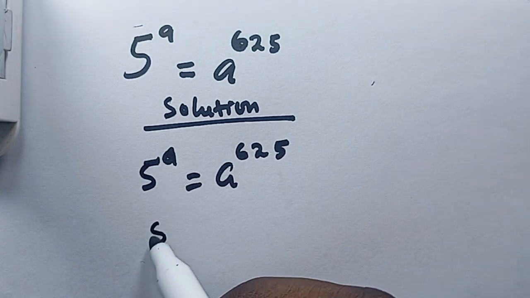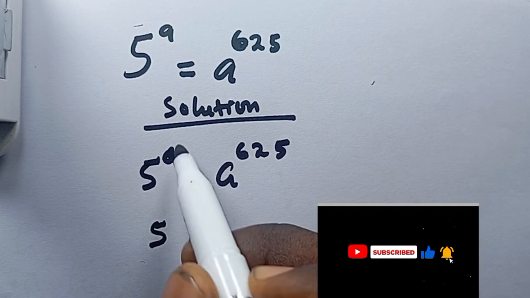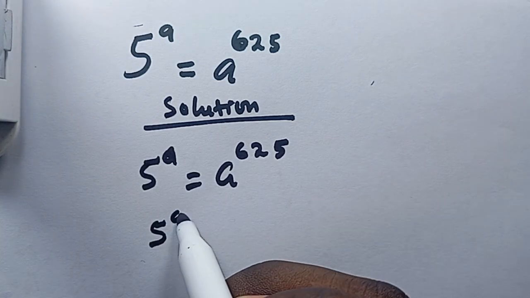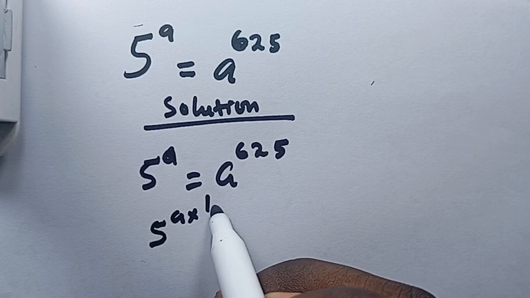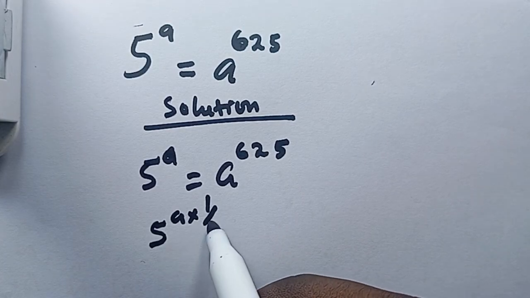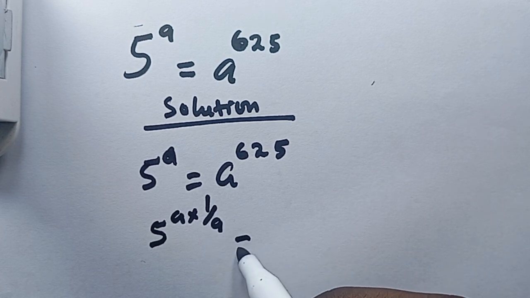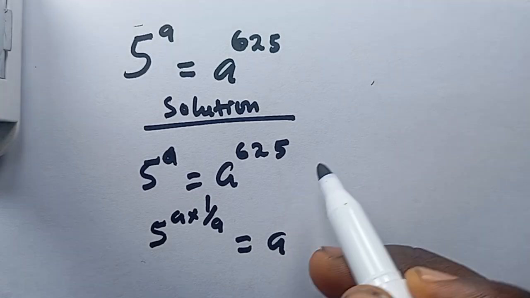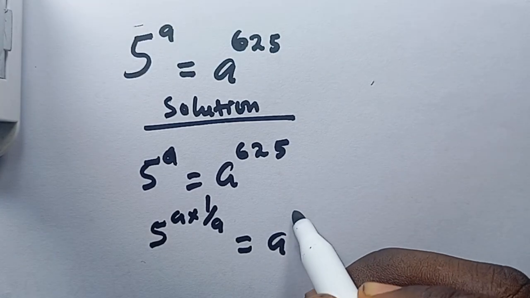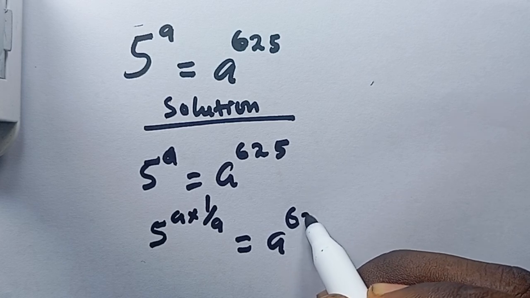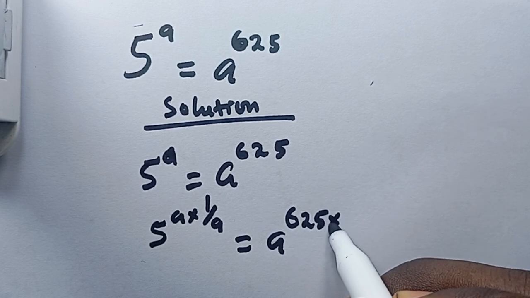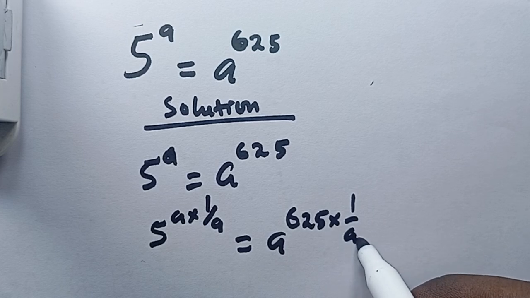The first thing I want to do is to divide through by power a. So if I do that, I'm going to have this side equal to 5 power a multiplied by 1 over a, and I will also do the same at the right hand side. So this is a power 625 multiplied by 1 over a.